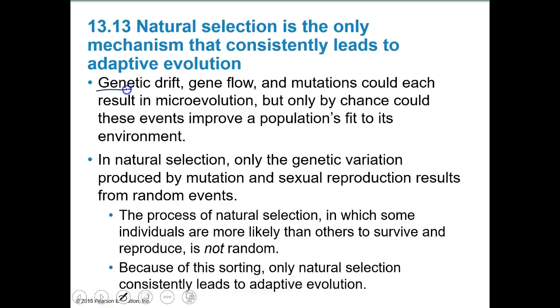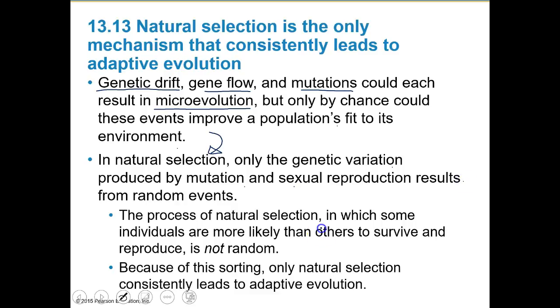To sum these up, genetic drift, gene flow, and mutations could each result in microevolution, evolution at a small level. But only by chance could these events improve a population's fit to its environment. So we add those in conjunction with natural selection. Only the genetic variation produced by mutation and sexual reproduction results from random events.